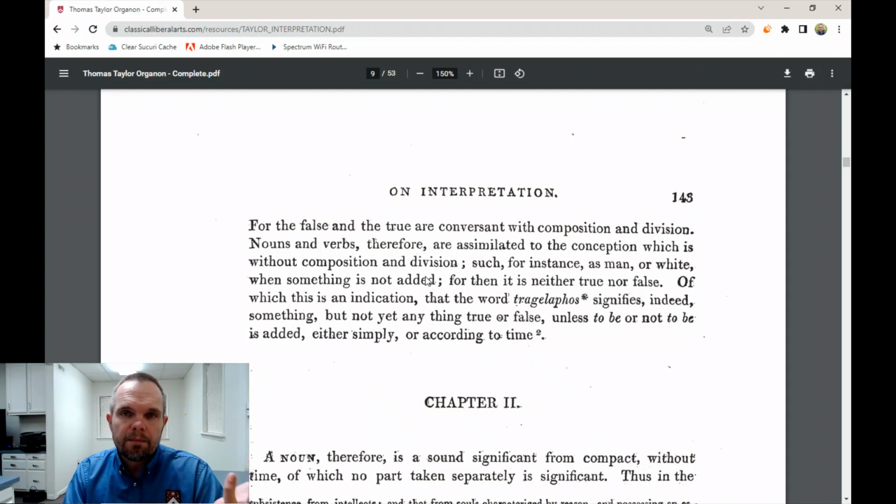Man, the idea by itself, the name given to represent that idea by itself cannot be true or false. In the same way, white by itself, without being joined to a subject, cannot be true or false when something is not added, for then it is neither true nor false.